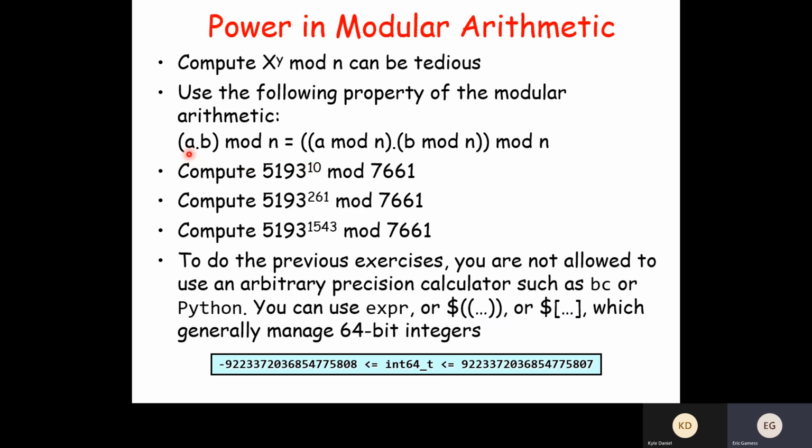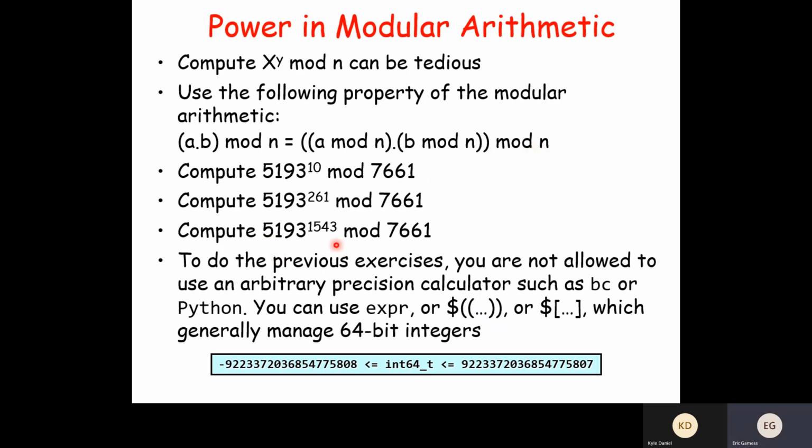If you want to compute A times B modulus N, you can first compute A modulus N on one side, and on the other side, B modulus N. So you will get smaller numbers. You multiply the results modulus N, and that will be the same thing.